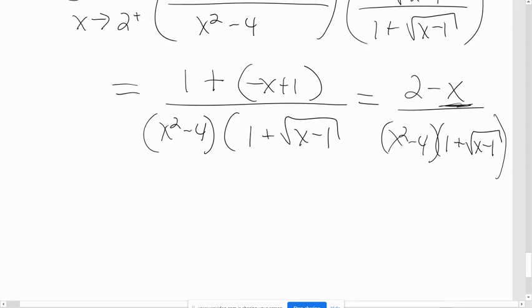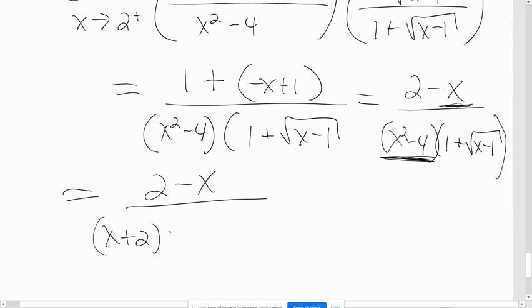Oh, you know what? I just noticed something that's better than that. Let's not do L'Hopital's rule. Let's do 2 minus x over, I just noticed that this is factorable. So that's factorable to x plus 2, x minus 2. Yeah, I like this better. Times 1 plus the square root of x minus 1.